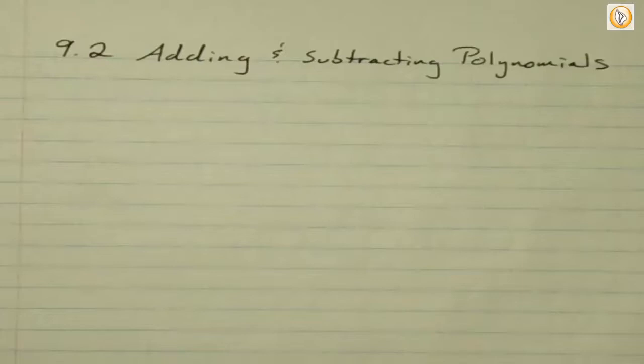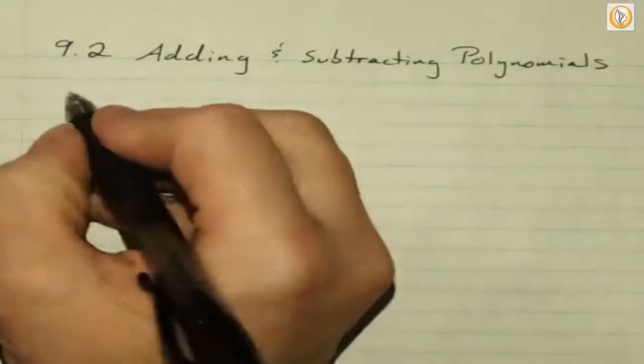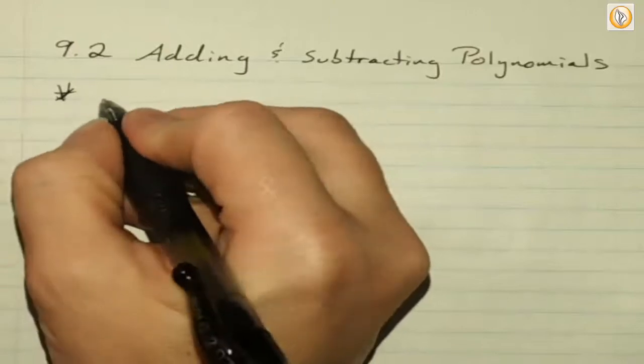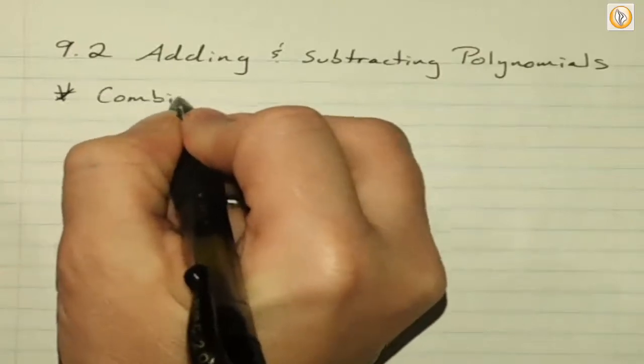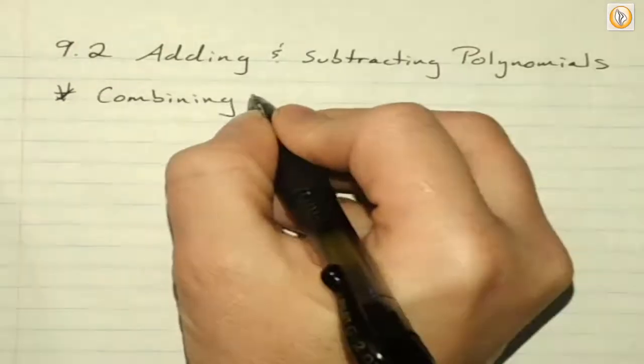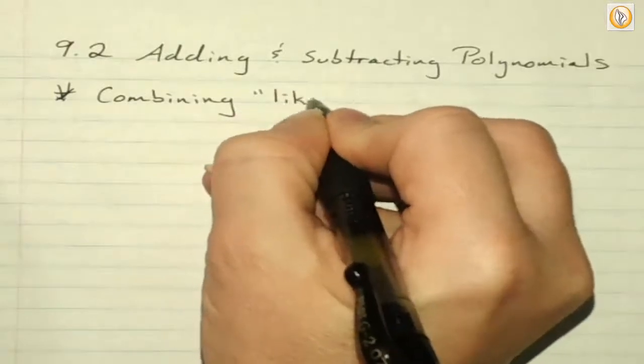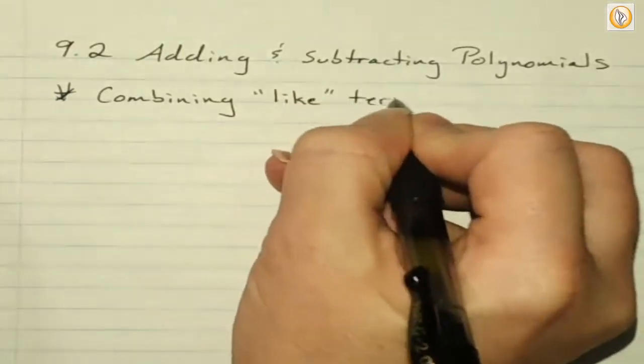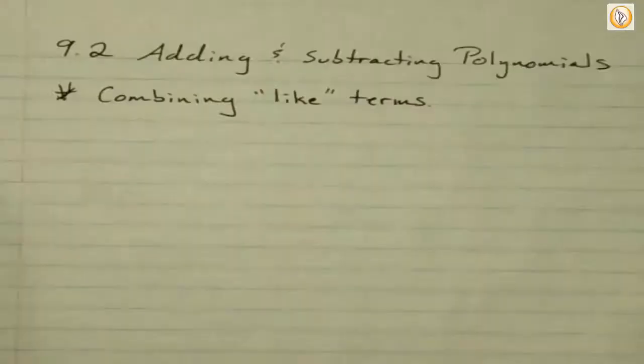Can't have an exponent in the denominator. But really, you're not going to have to worry about most of that, because today, all we're really doing is combining like terms. That's really all that we're doing today, combining like terms.